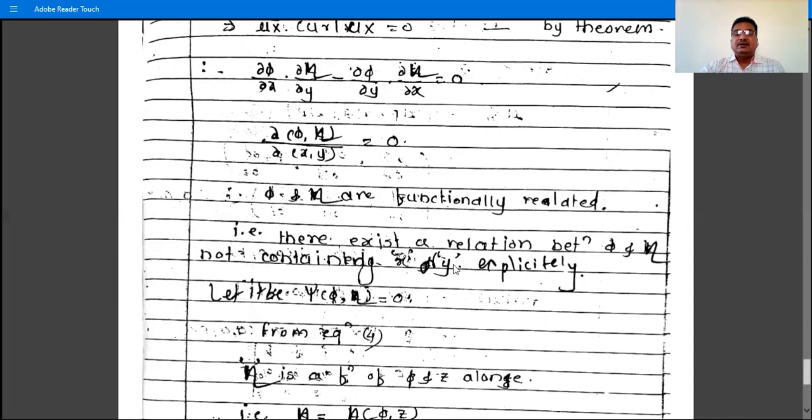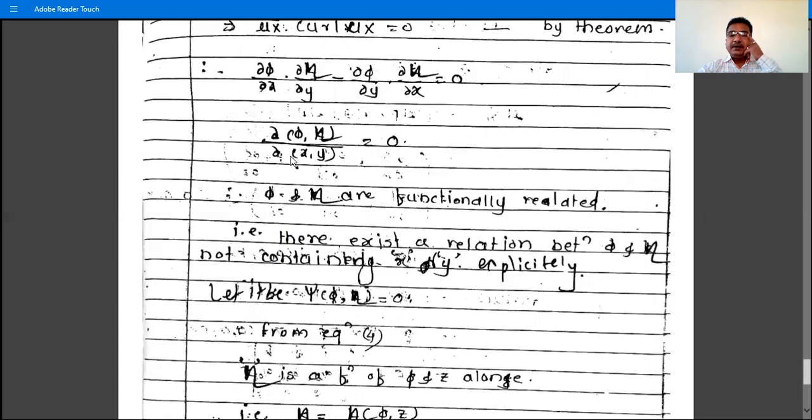Actually, this is the theorem in the previous chapter, that if the Jacobian is 0, then φ and ν are functionally related, not containing x or y explicitly. Let the relation between φ and ν be ψ(φ, ν) equal to 0.